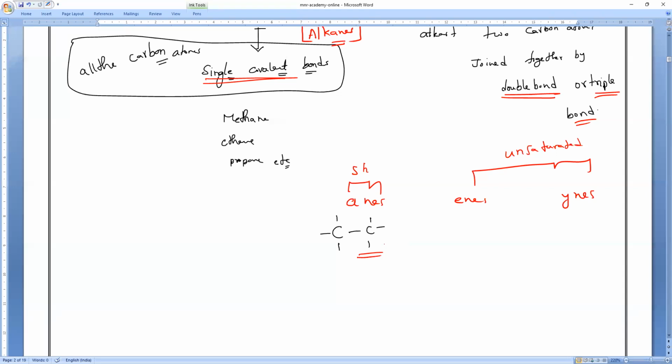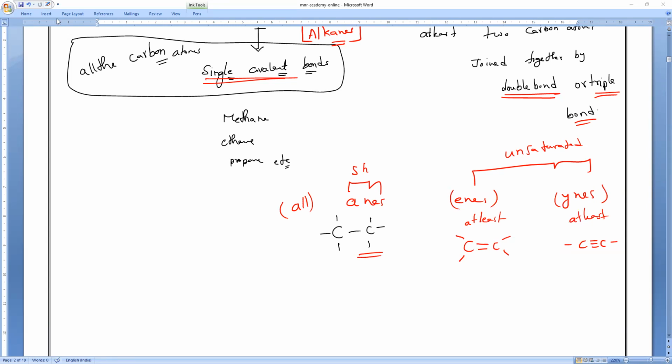All the carbon atoms joined together with a single covalent bond is alkane. Enes means at least one double bond, not all. Ynes means at least one triple bond. Please note it. Are you clear, everyone? Do you all understand what I'm saying?